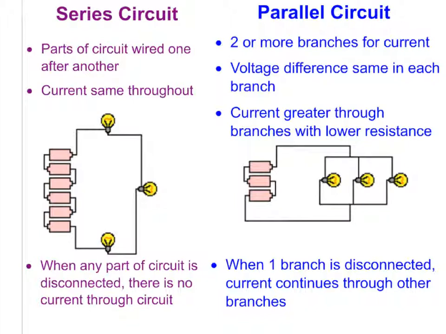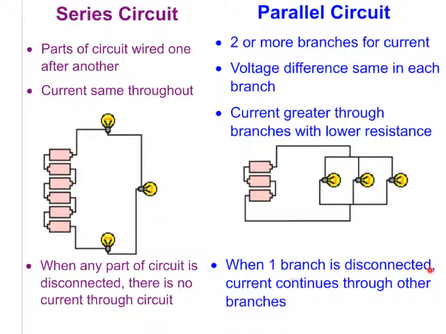A parallel circuit, on the other hand, here we have our voltage difference, and in this case, you can see that there are two or more branches for the current. The voltage difference will be the same in each of the branches, but the current will be greater through the branches with lower resistance because we can have different resistance in each of these places in the parallel circuit.